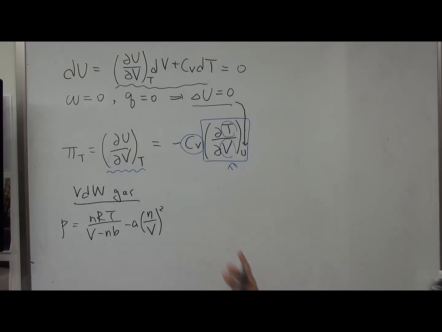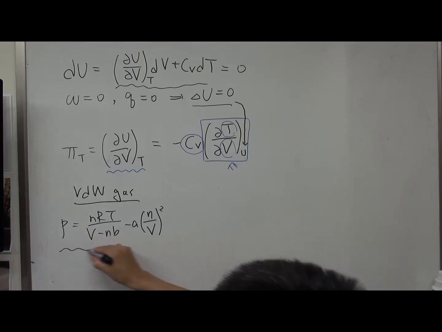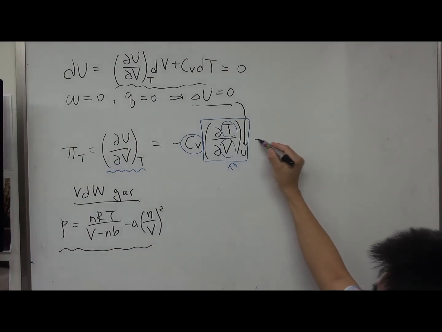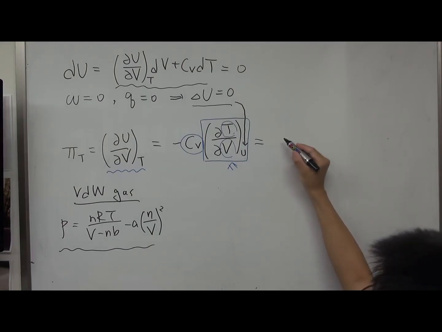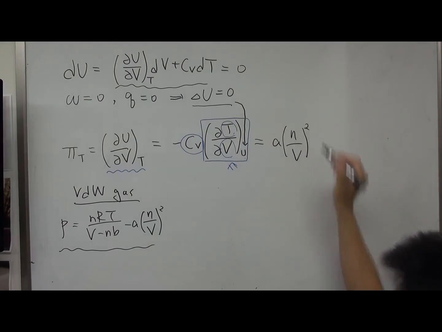Actually, we cannot now. If you learn chapter 3, we can calculate this. So let's just see the result only. Using this equation, you can calculate this, and the result is very simple actually. Like this.